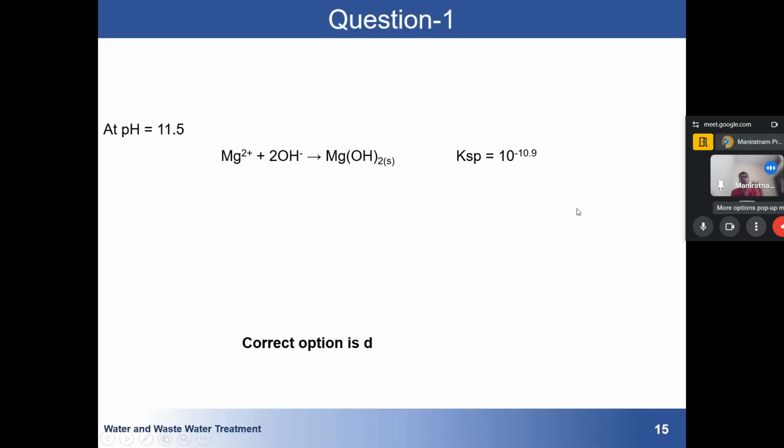When sufficient OH minus is present and Mg is also present, it creates a thermodynamic condition in which Mg2 plus reacts with OH minus and forms Mg(OH)2, a solid.